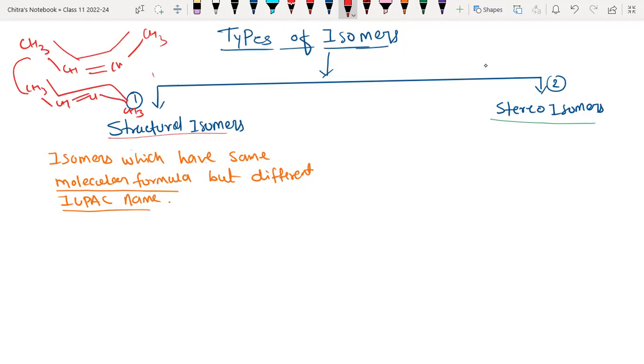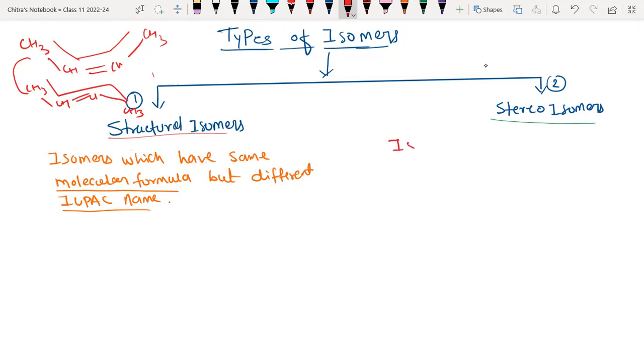So we have the boat form and the chair form. These are two different isomers with different properties, but the IUPAC name for them will be the same. Is it? Yes, sir.